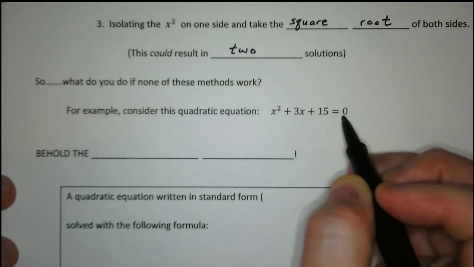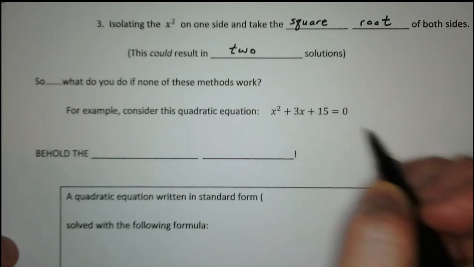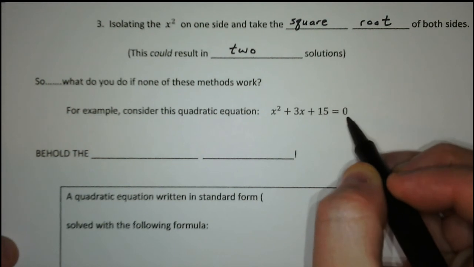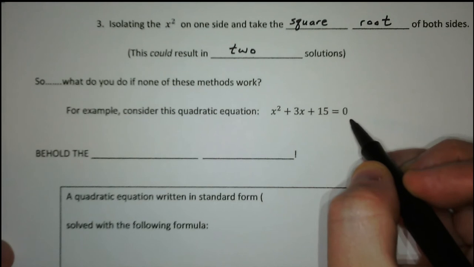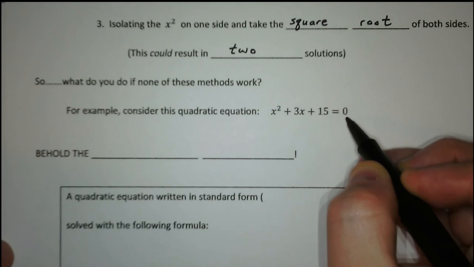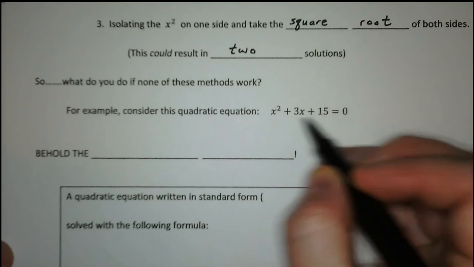How about factoring this left side by unfoil? I sort of skipped over the fact that the very first thing you do is make sure it's equal to 0. It was already equal to 0, so I didn't even mention it. But it's equal to 0, and so you try to factor.